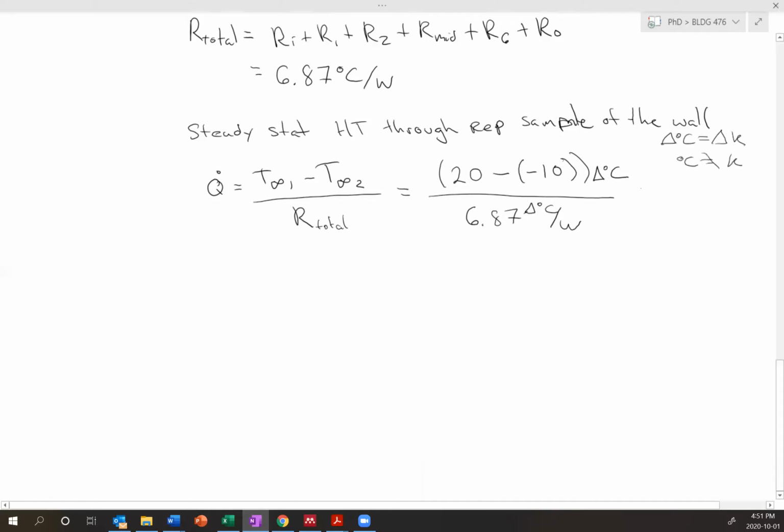And so anytime you're questioning whether or not to use degrees Celsius, it really is a matter of whether you're talking about a difference of temperature or an absolute temperature. So in radiation, we deal a little bit more with absolute temperatures. We will have a temperature raised to the 4 before we subtract it. In that case, you have to convert to Kelvin. And you'll see other cases where you don't necessarily have a difference of temperature explicitly like this, but the equation will include taking one temperature, then multiplying, and then adding it to another temperature.